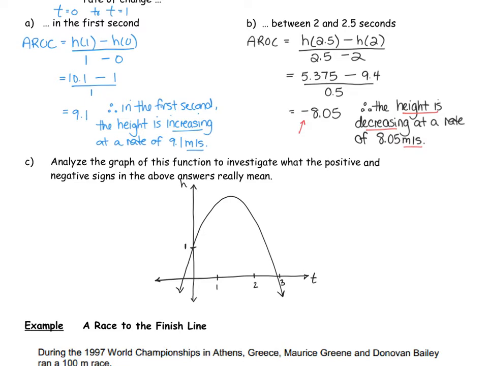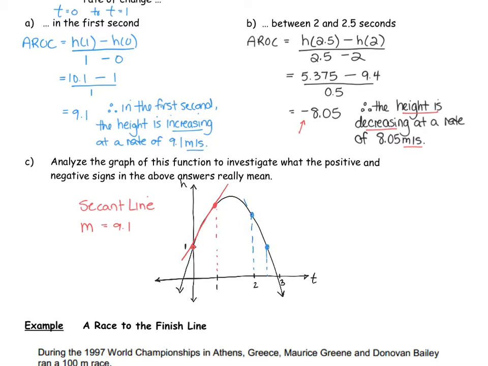So in question A, where we looked at the first second, we looked between time is 0 and time is 1. Okay, so this is the secant line, and the slope of that line we got was 9.1. And you can see from the picture that, of course, the height is increasing at that time because the slope is positive.